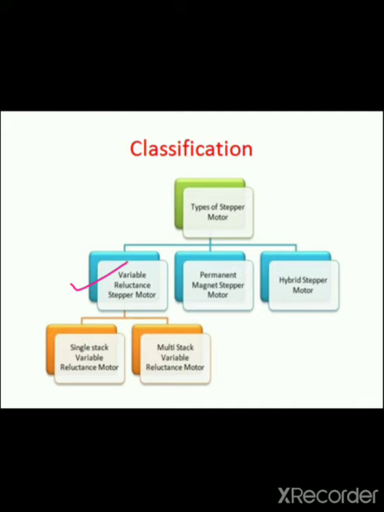Then second is permanent magnet stepper motor. And third one is hybrid stepper motor. The variable reluctance stepper motor is further classified as single stack variable reluctance motor and multi-stack variable reluctance motor.